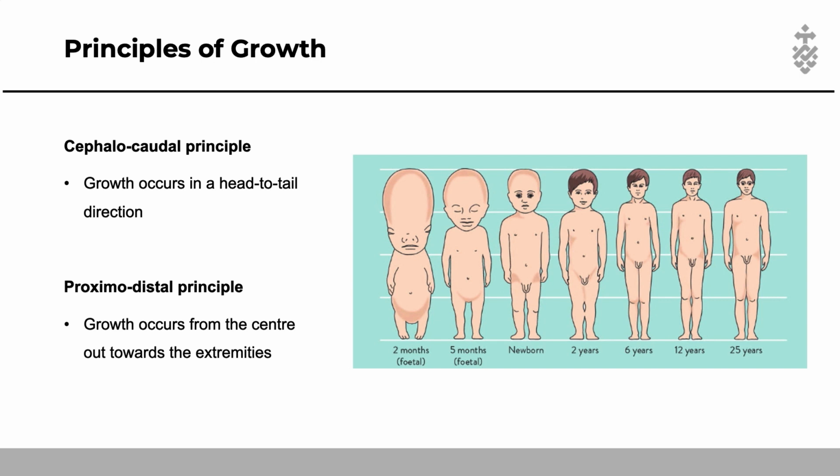So these changes in the body proportions occur because different body parts grow at different rates, and from birth to adulthood, as the head doubles in size, so we've got a bigger head than we did when we were a kid, the trunk triples in length, and the arms and legs quadruple. So everything's growing, and they're growing through these 2 different principles.